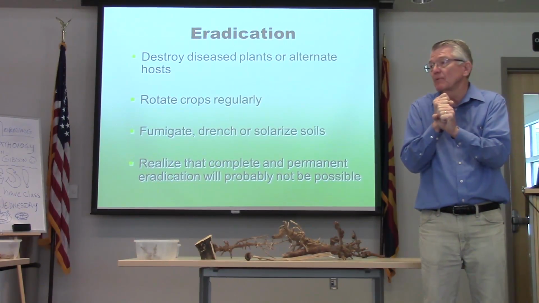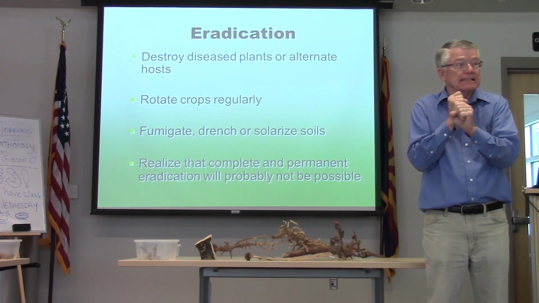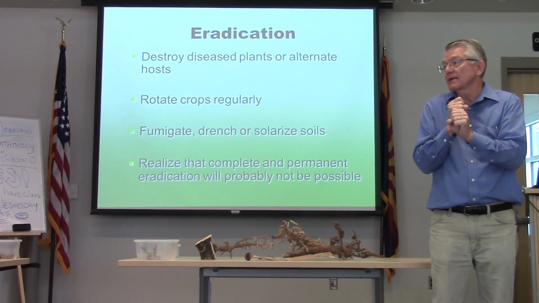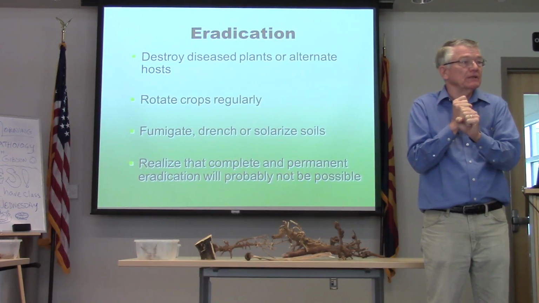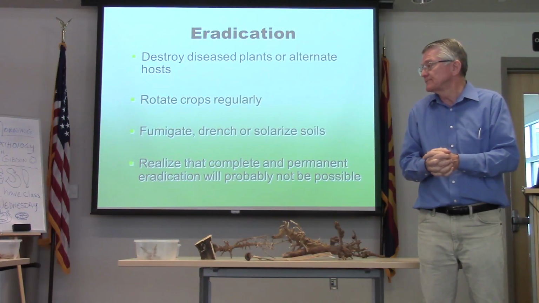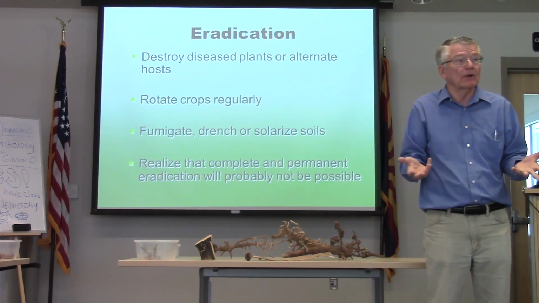A common example would be the Karnal bunt disease. Karnal bunt blew in from Mexico probably 15 years ago, and that was found in a wheat field in central Pinal County.